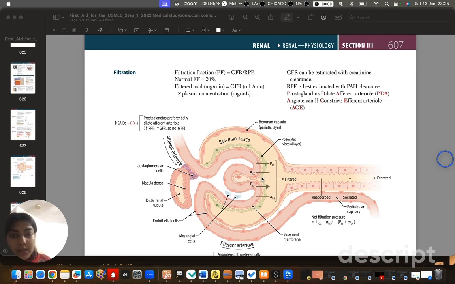Filtration is happening, whereas filtration fraction is how much of this blood is getting inside this area. So it depends on renal plasma flow as well. For example, if renal plasma flow increases, you get more plasma flow here.